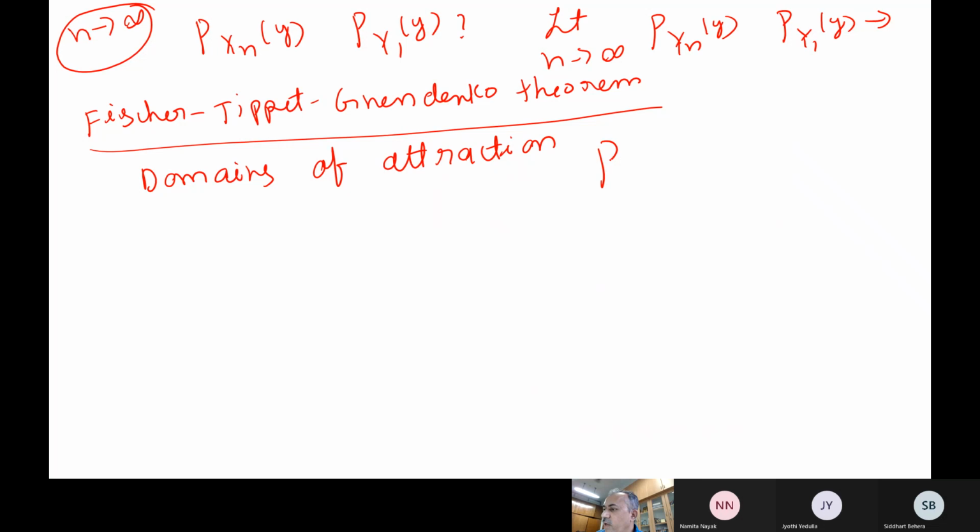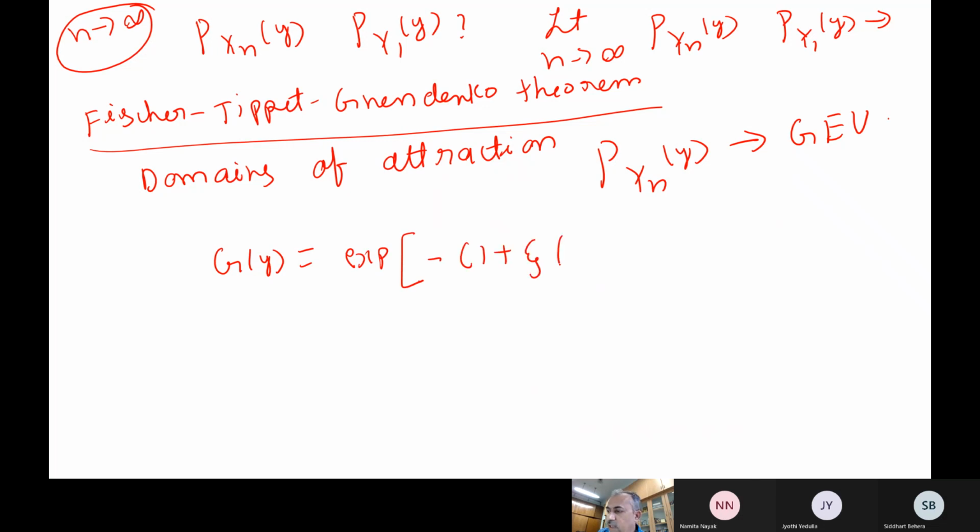So what they say is that P(Y_n) of y turns out to be some generalized extreme value distribution. Asymptotically, one can prove that the largest value comes under the generalized extreme value distribution, which can be written as exponential of minus [1 plus psi times (y minus mu) by sigma] to the power of minus 1 by psi, where psi is not equal to 0.